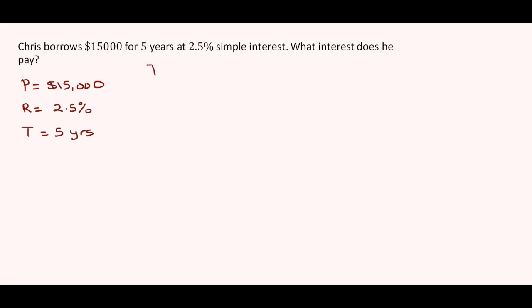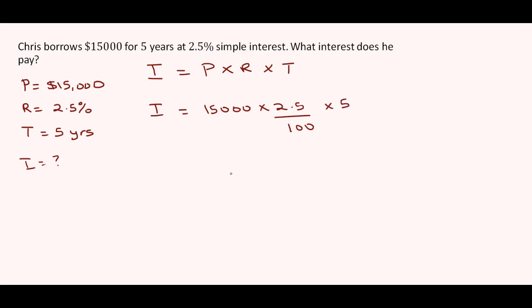Our formula for simple interest is principal multiplied by rate multiplied by time. So here our interest is unknown because that's what we're looking for. So I is equal to P is 15,000, rate is 2.5 over 100, and time is 5.